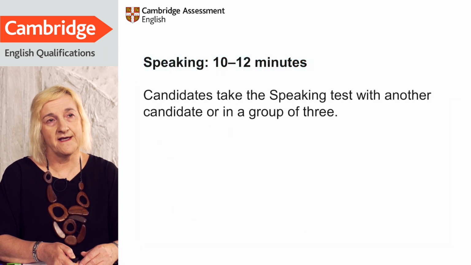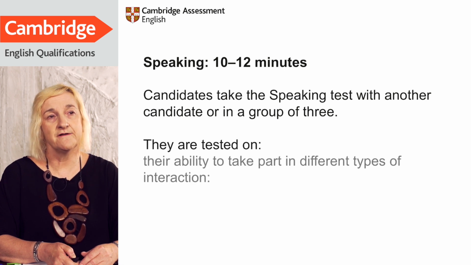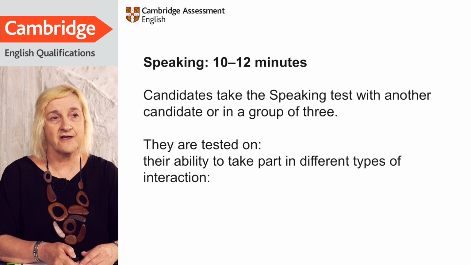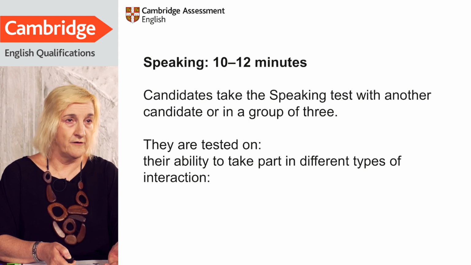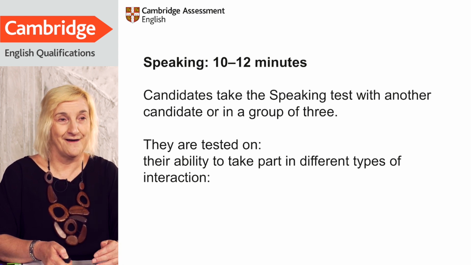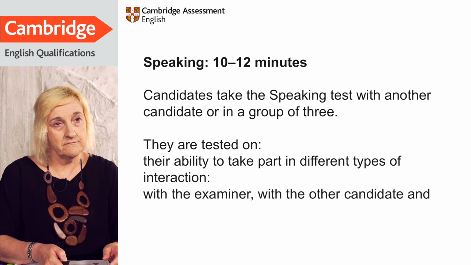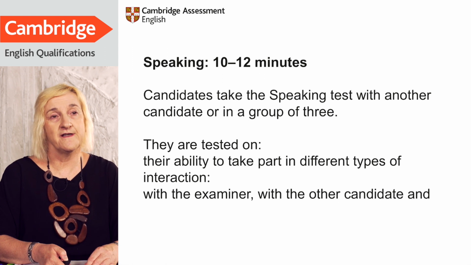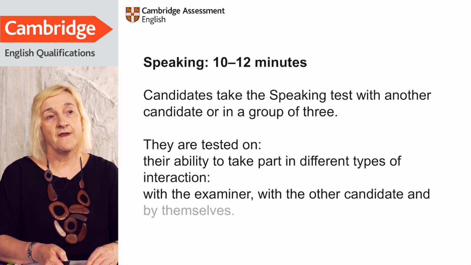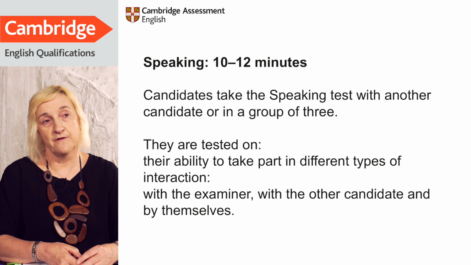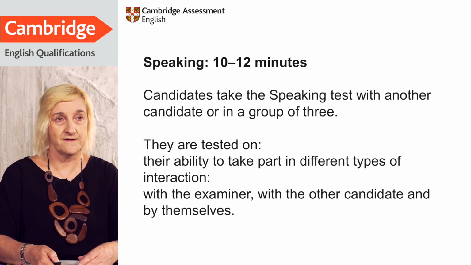So the speaking is 10 to 12 minutes, and the idea is that there is interaction and production. So if you like, the 5 skills that we have. There is interaction with the examiner individually. There is also interaction with the other candidate, and there is also when they speak on their own as well. So different sections.